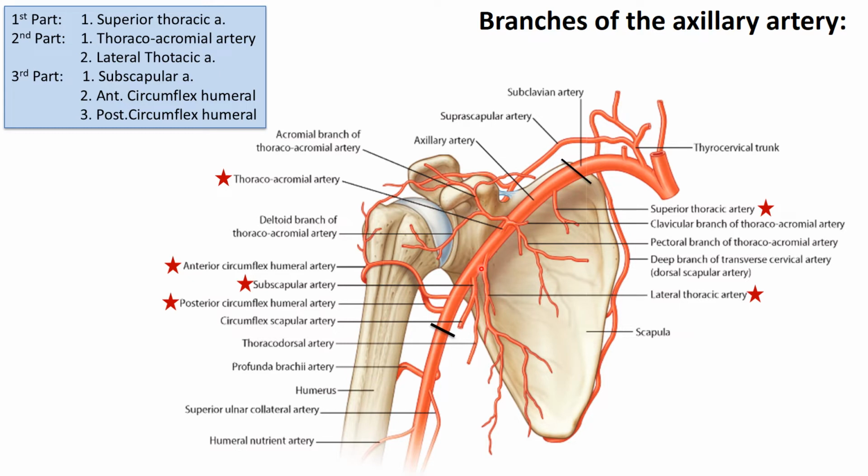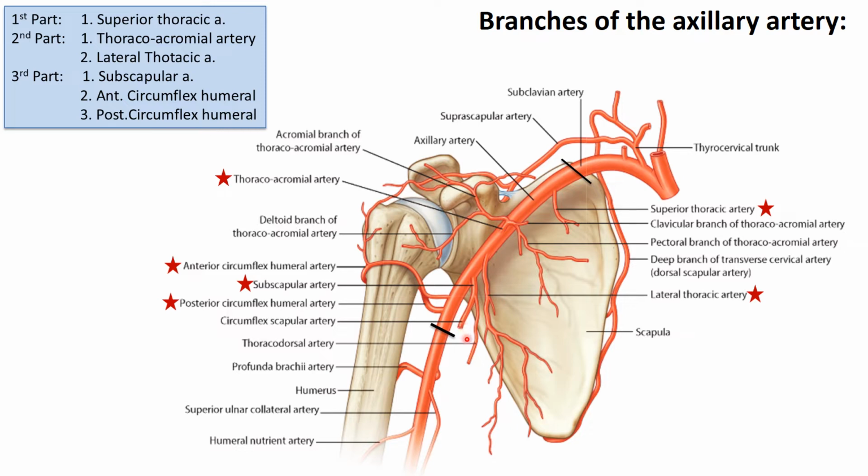Okay, so the largest branch of the axillary artery comes out of the third part, which is subscapular artery. Look at the subscapular artery here. And then one of the branches of subscapular artery is circumflex scapular artery that goes to the posterior scapular region. And you remember this one leaves the axilla to go to the posterior scapular region through the triangular space.